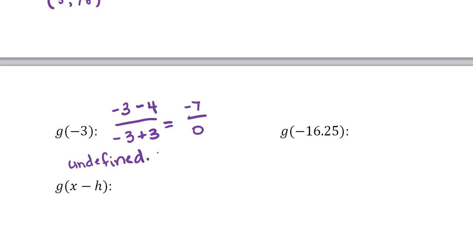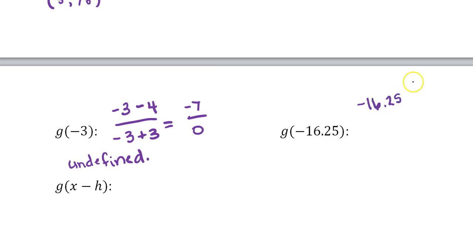We cannot divide by 0, and that stops this right here. In fact, if we were writing up what our domain is, we would say all real numbers except negative 3, right?